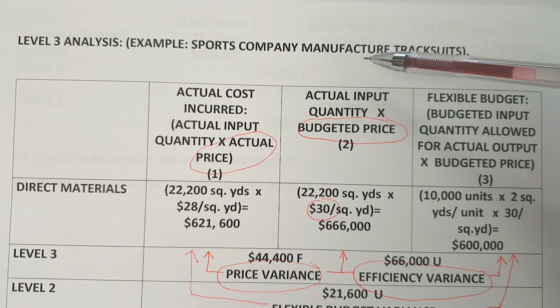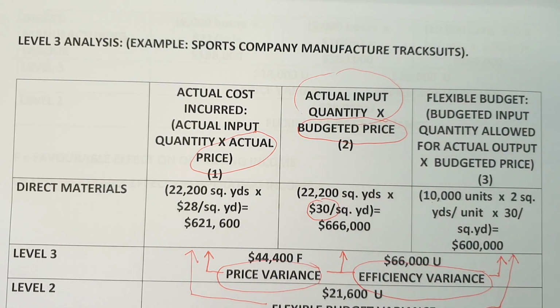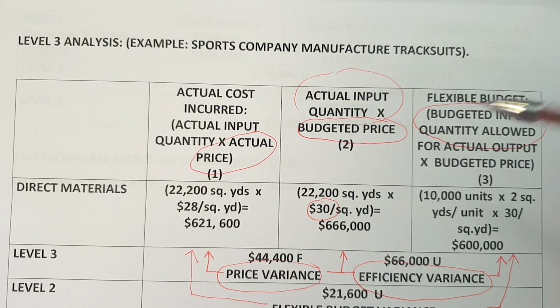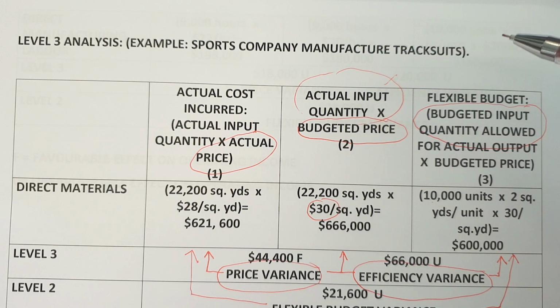Here it is the actual input quantity, and here it is the budgeted input quantity allowed for actual output, because both of these columns use the budgeted price.